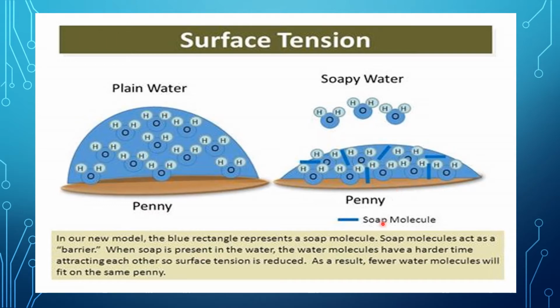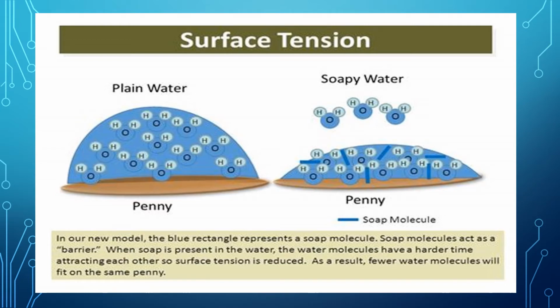Bakit kaya? Because of the presence of the soap molecule. The soap molecules are the barrier para hindi sila mag-attract. Ayan yung lines na yan, yan yung soap molecules na humaharang sa mga H2O natin na mag-bond at mag-form ng ganyan. So, it will be a form of barrier.